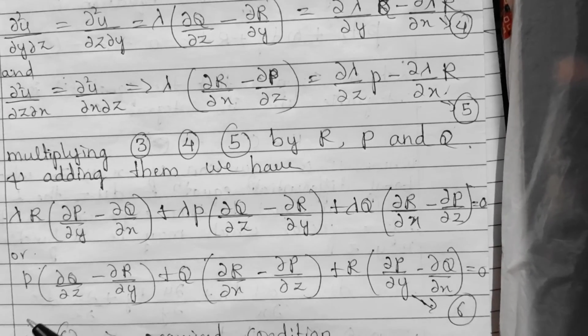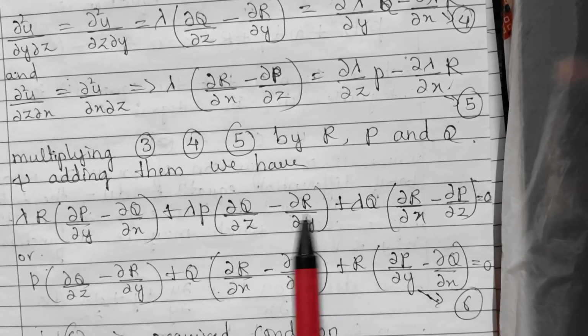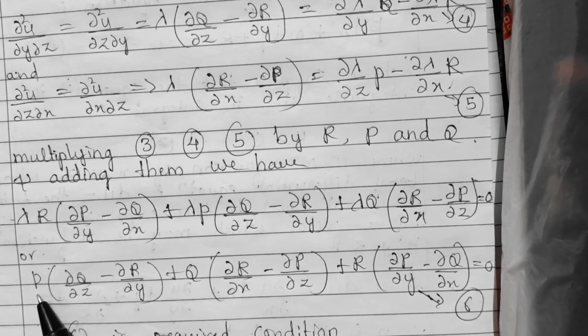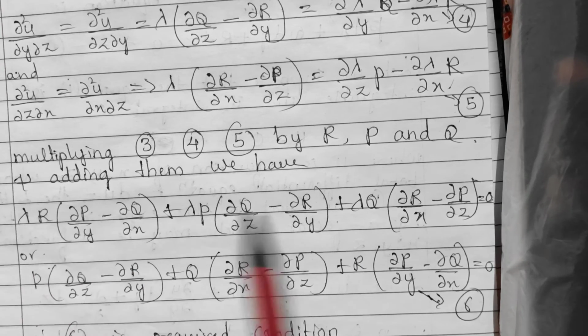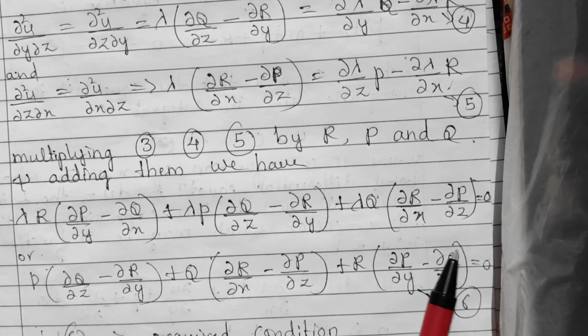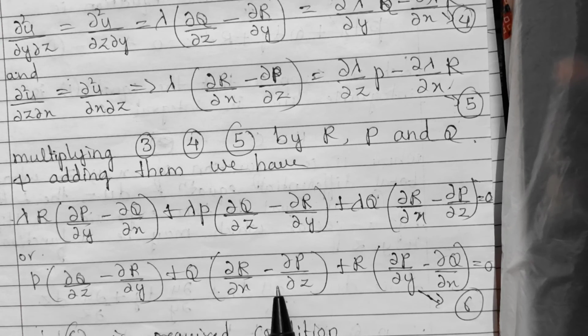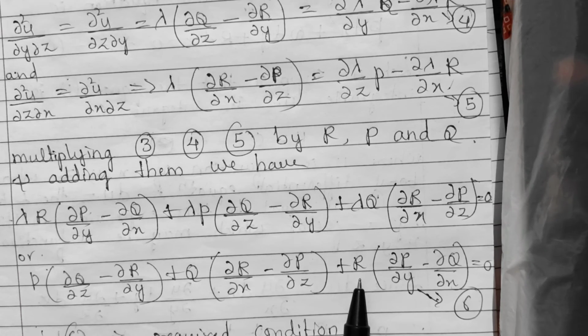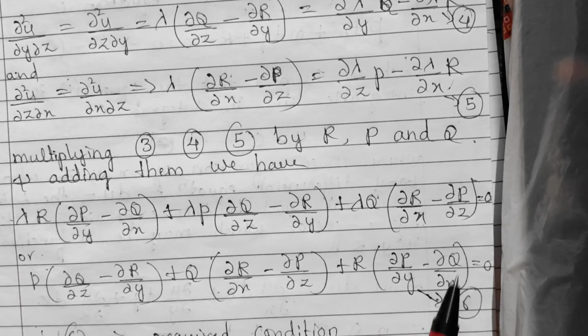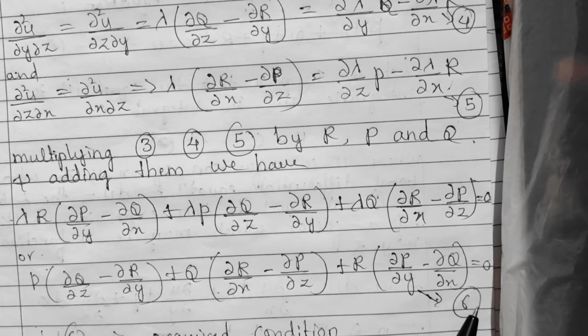Since λ is common, take it common; if we divide by it, the right side is again 0. Therefore the remaining is p(∂q/∂z minus ∂r/∂y) plus q(∂r/∂x minus ∂p/∂z) plus r(∂p/∂y minus ∂q/∂x) equals 0.